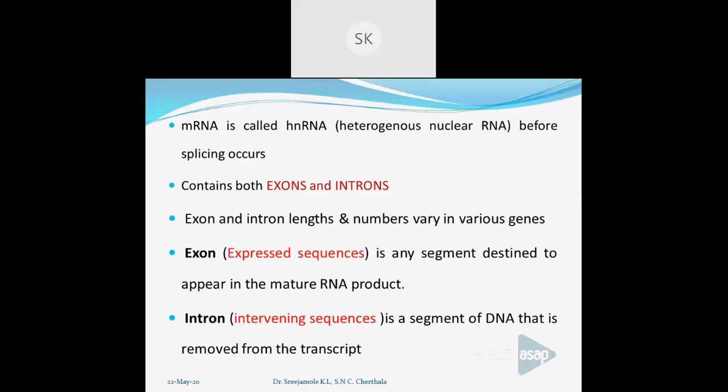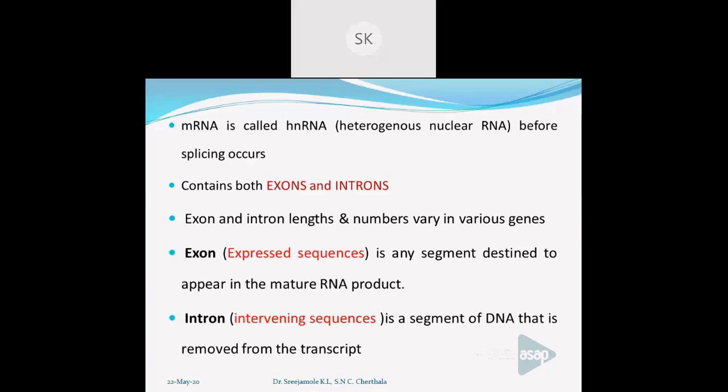Exons are known as the expressed sequences, which are destined to be present on the functional or mature mRNA. These exons are intervened by other sequences known as introns, the intervening sequences.